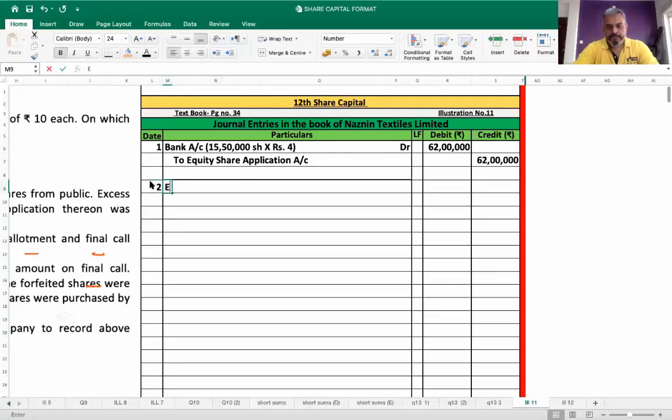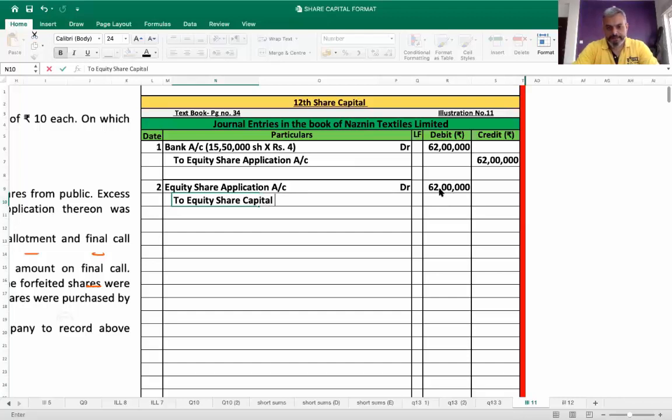Second, equity share application account debit, 62 lakhs, to equity share capital account. Now we'll be creating our capital for 12 lakh shares because that's the maximum we can issue.